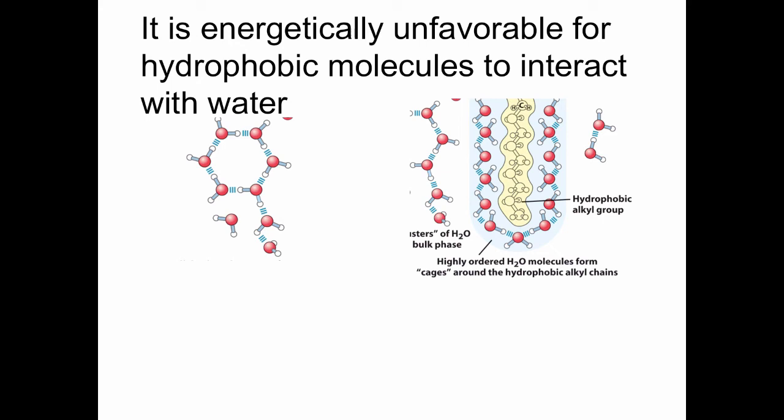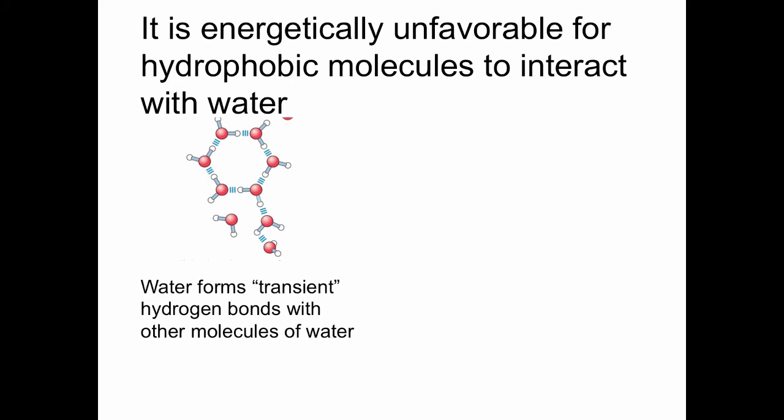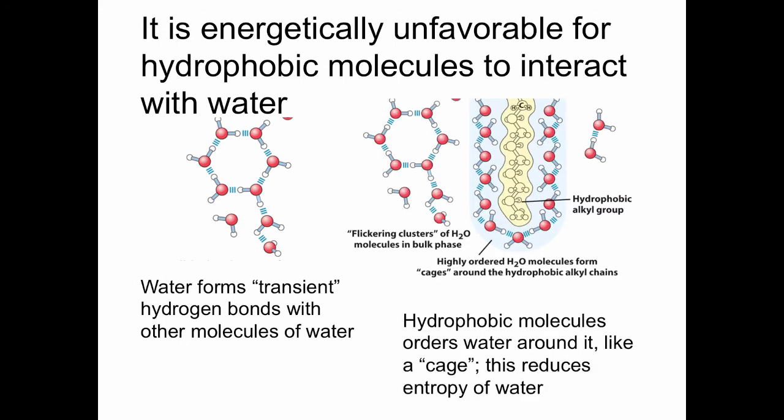It is unfavorable for hydrophobic molecules to interact with water. This is because water forms transient hydrogen bonds with other molecules of water. These are not stable hydrogen bonds. Instead, they sort of flicker as other molecules of water come in contact with each other. When water is mixed with a hydrophobic substance, such as benzene or hexane, the hydrophobic molecule cannot form energetically favorable interactions with water.